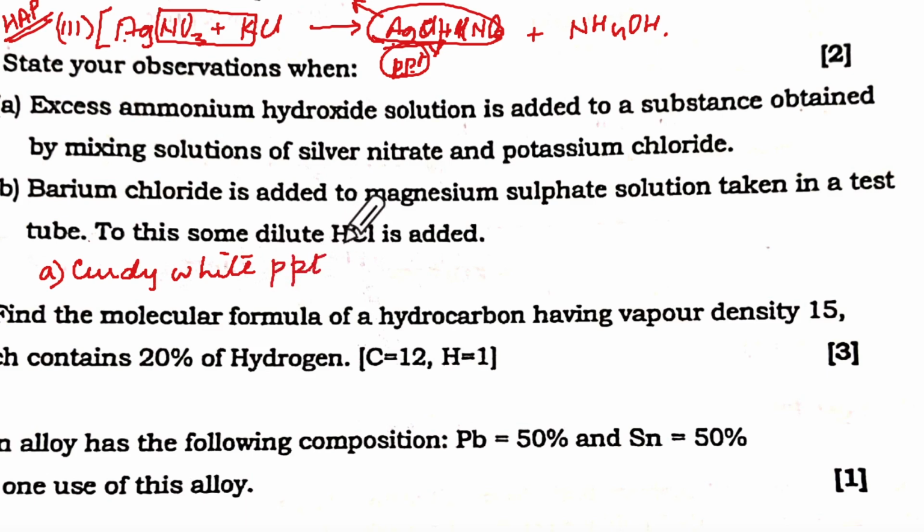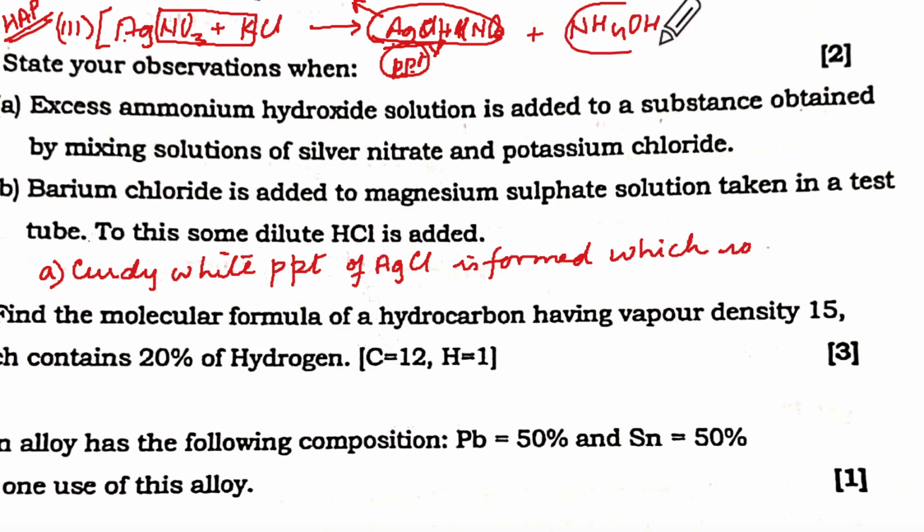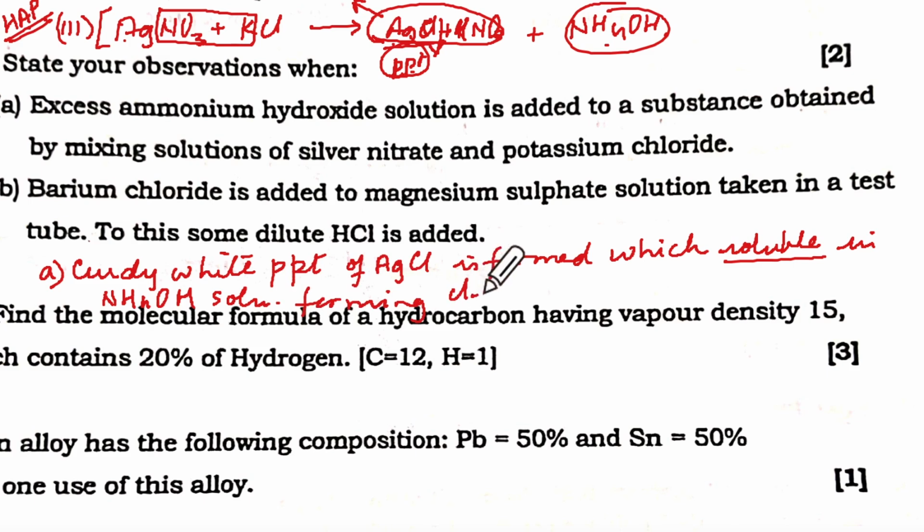I'm writing PPT here, but in the exam, write precipitate of AgCl is formed, which is soluble in excess NH4OH solution, forming a clear colorless solution.